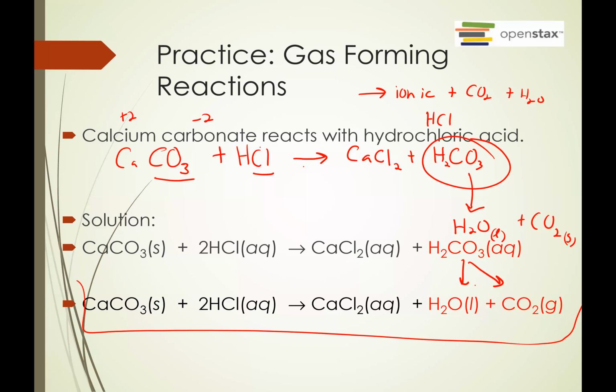So this is our overall reaction. And again, this would be called the molecular equation. We could further break this down and do complete ionic and net ionic with this one also. So with any reaction we do, we can do complete and net ionic. Single, double, all of those could be done with it, and gas forming.